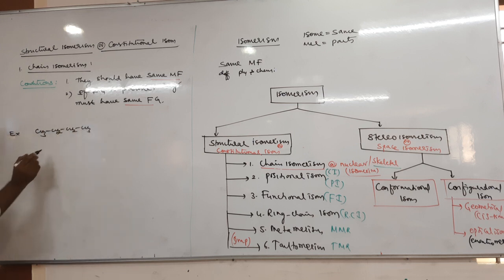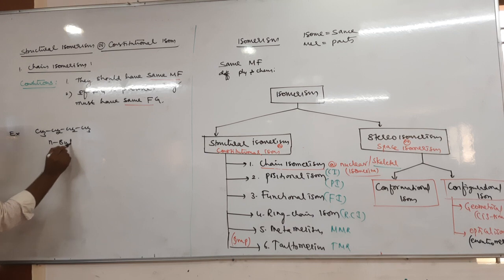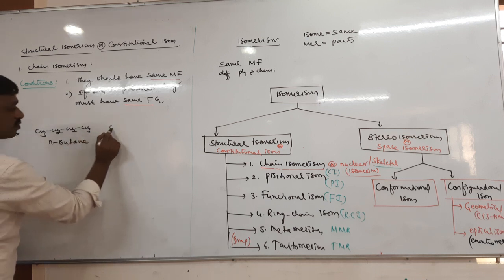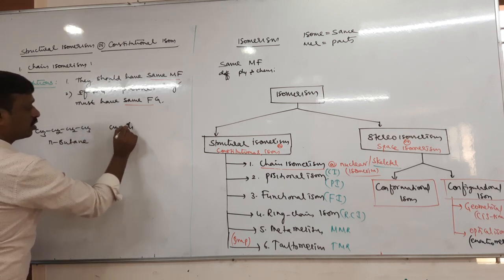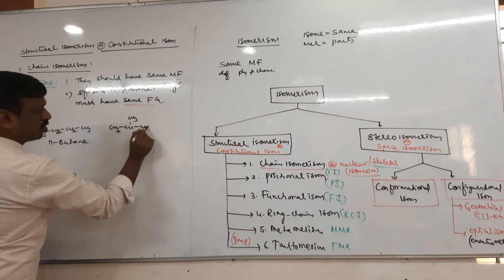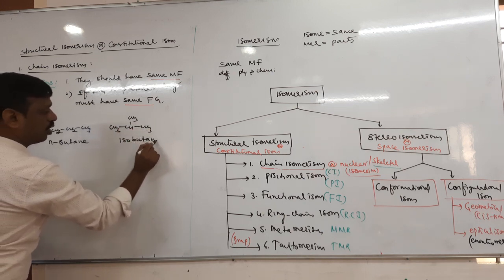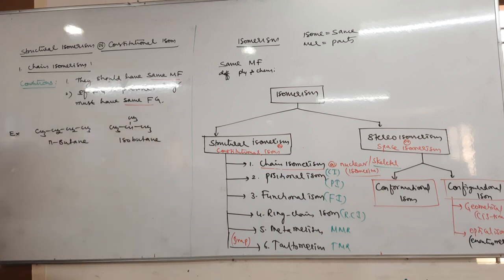this is N-butane. How many total carbon atoms does N-butane have? 1, 2, 3, 4. The parent chain has 4 carbon atoms. Now write the parent chain with 3 carbon atoms: CH3, CH, CH3, CH3, which is called isobutane. Do N-butane and isobutane have the same molecular formula?